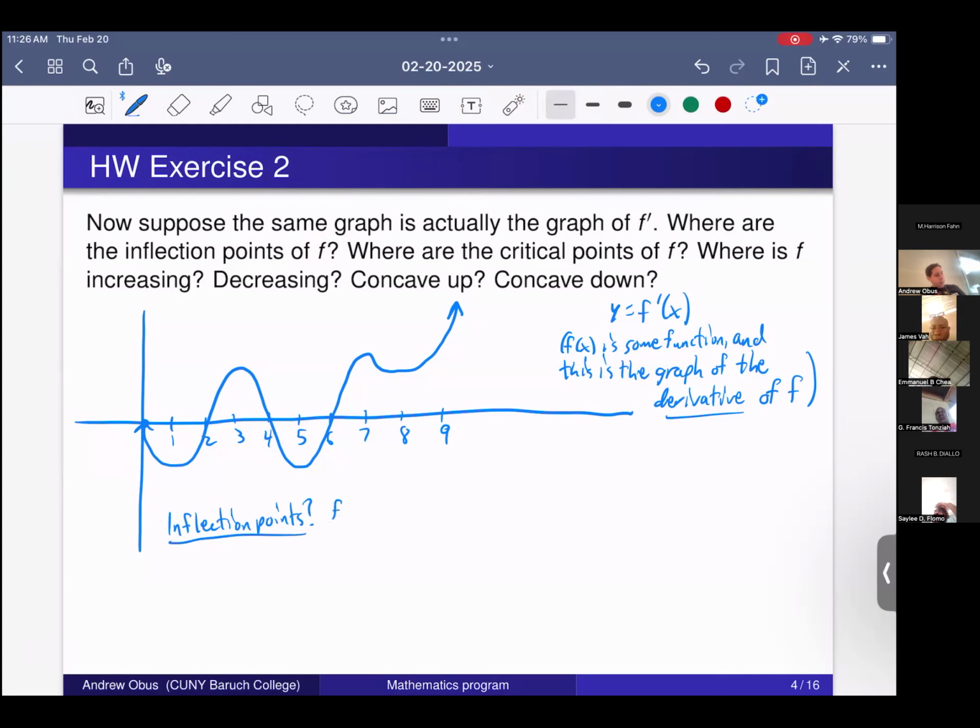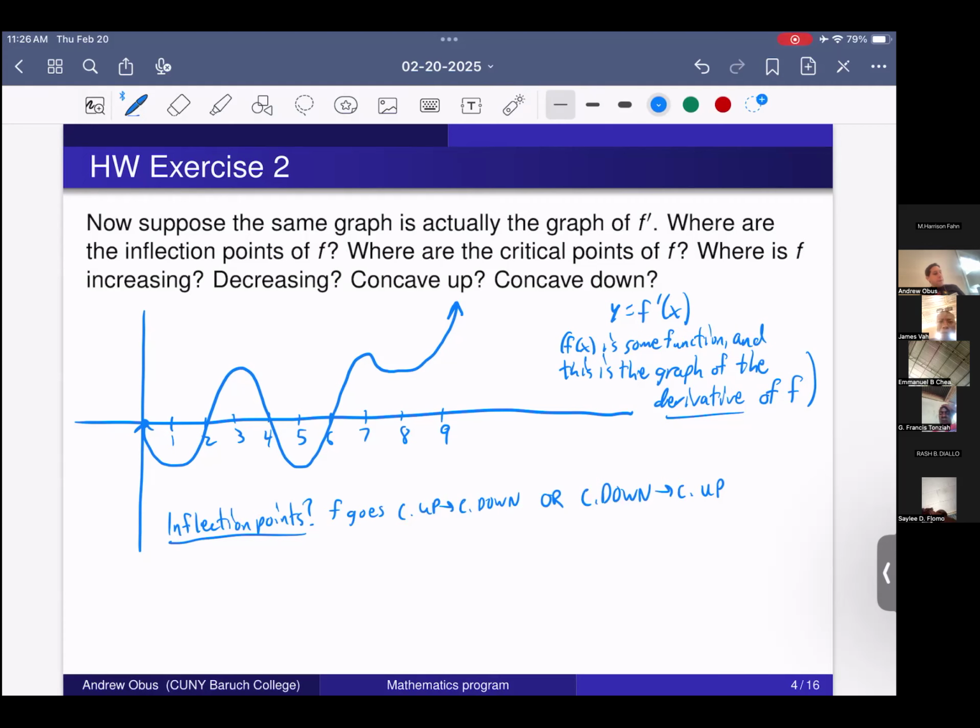So this is the meaning of an inflection point: f goes concave up to concave down or concave down to concave up.